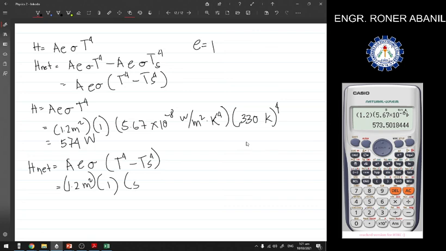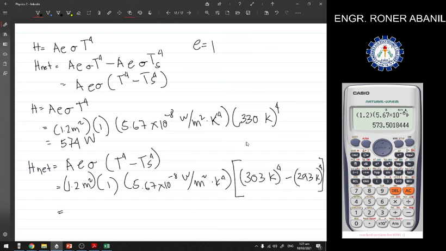Then our constant is 5.67 times 10 raised to negative 8 watts per square meter K^4. Our T^4 is the one from earlier, the 303 K, raised to the fourth power, minus 293, our surroundings.